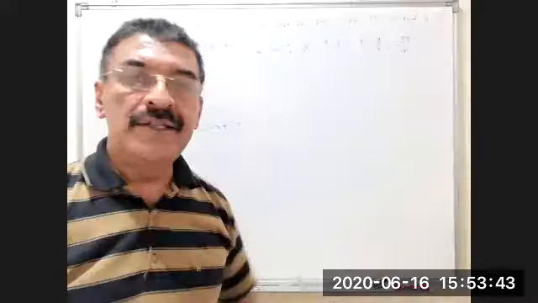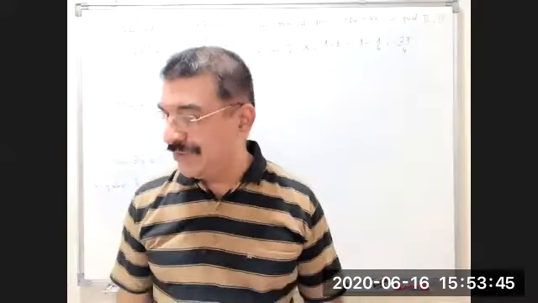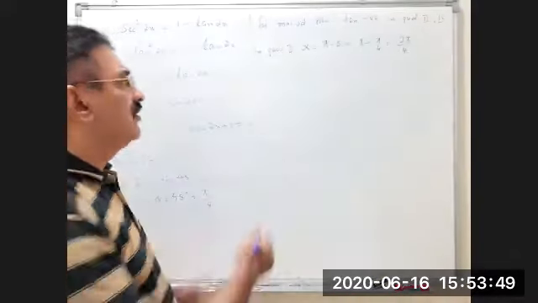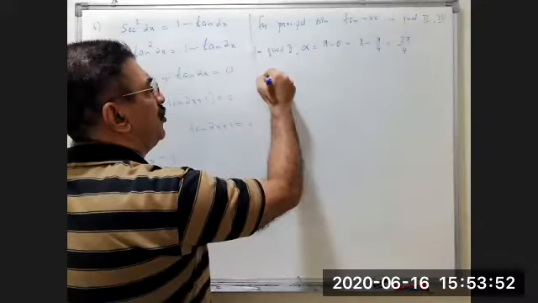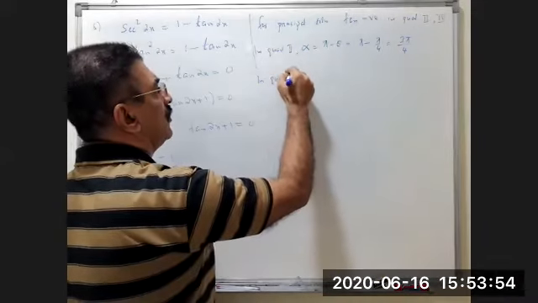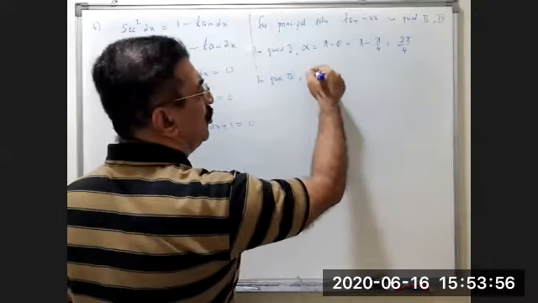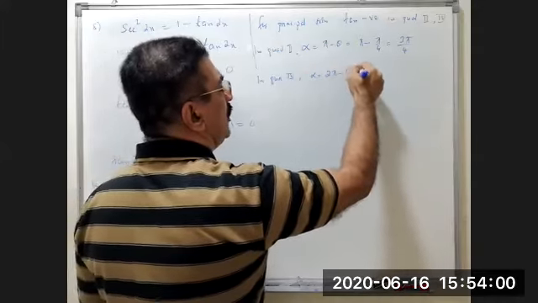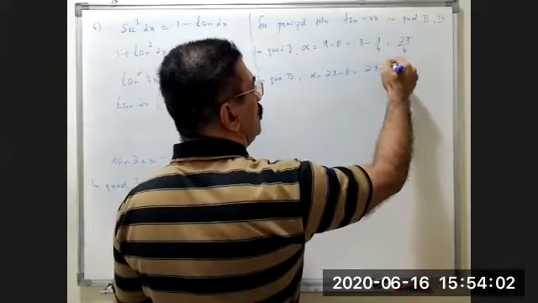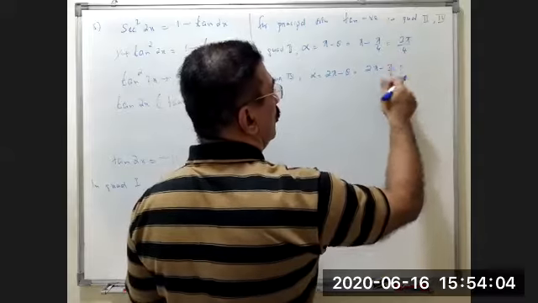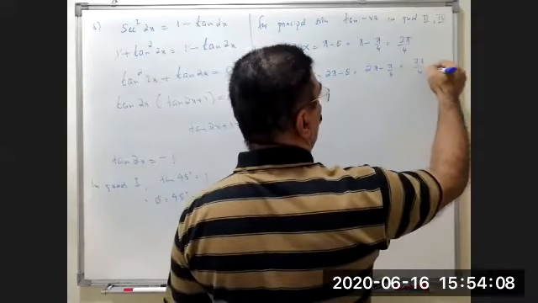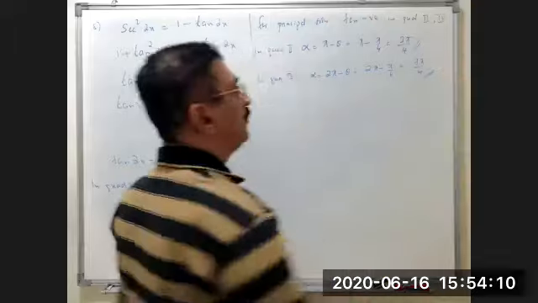For finding general solution, in fact, we need only the first alpha, that's enough. But let me write the second alpha. So in quadrant 4, alpha is 2 pi minus theta, 2 pi minus pi by 4, that is 7 pi by 4. We got 2 values of alpha.